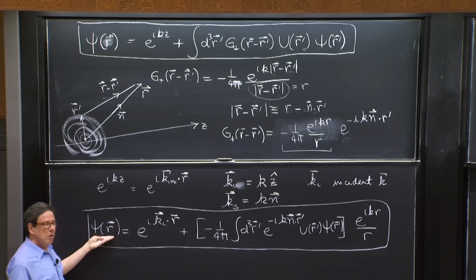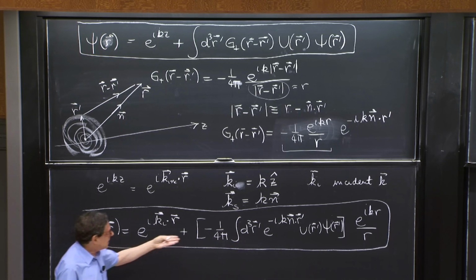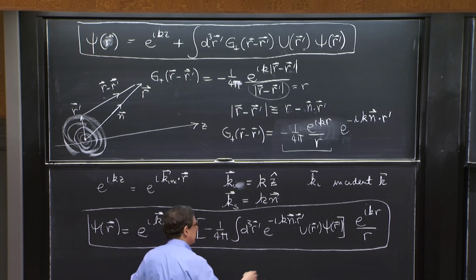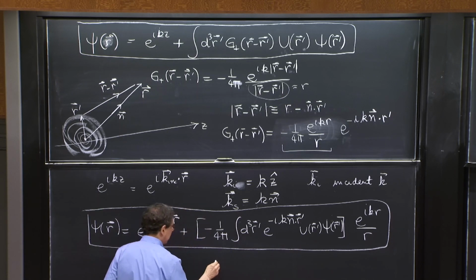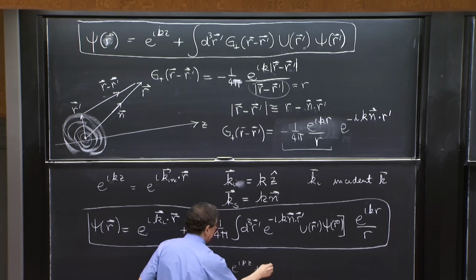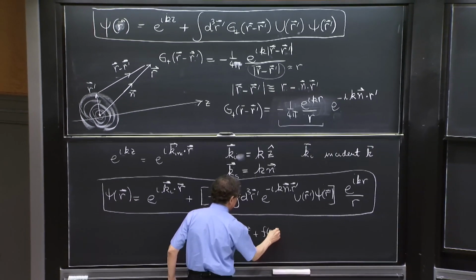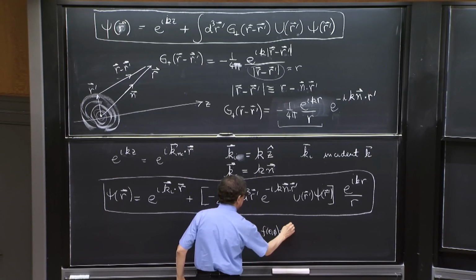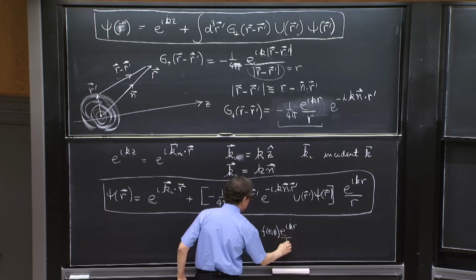We want to know the wave function far away. This has the form of this function that when we wrote psi is equal to e to the i k z plus f of theta phi e to the i k r over r.